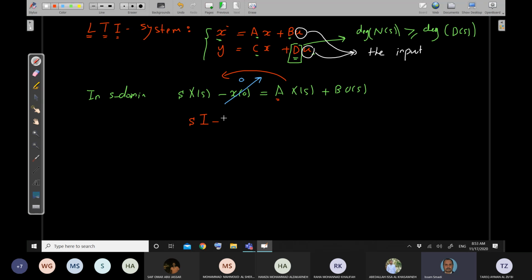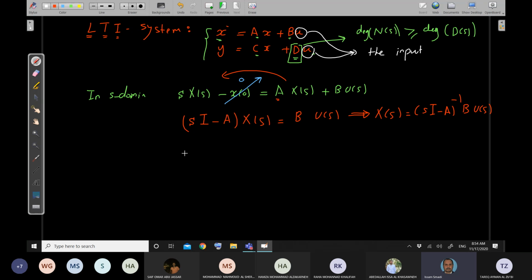So this will be S I minus A multiplied by x of S will equal B u of S. Now this is an algebraic equation, the beauty of Laplace. So x of S will equal S I minus A inverse multiplied by B u of S.